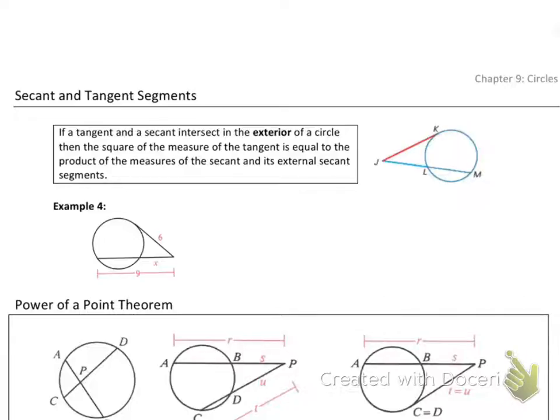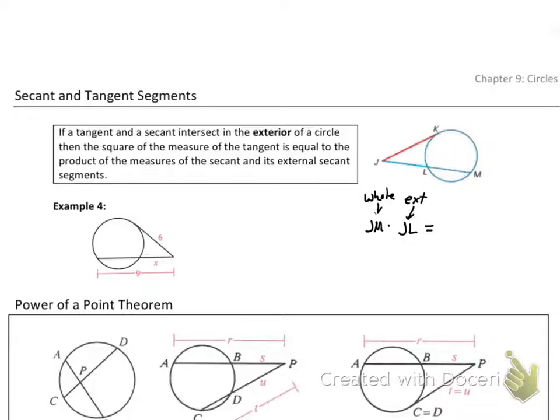Let's just treat it the same way. We have whole, which would be JM, times our external, which is going to be JL. That's still true. It's still whole times our external.